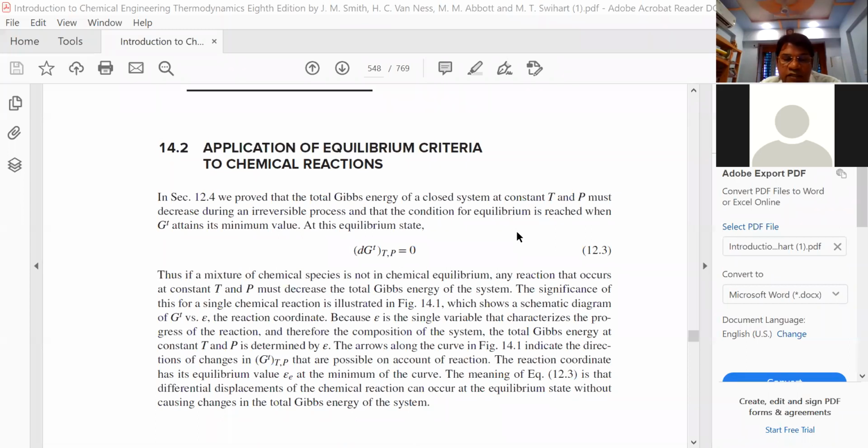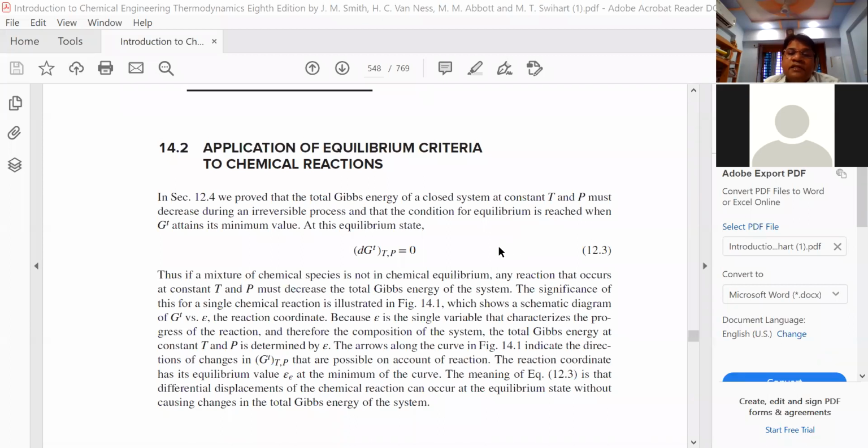You might have studied this calculation, standard Gibbs energy of formation, Gibbs energy of reaction, or heat of formation and heat of reaction in your material and energy balance subject or process calculation subject. But still we can have one example here. We will calculate the standard Gibbs energy of reaction and standard heat of reaction in one example.